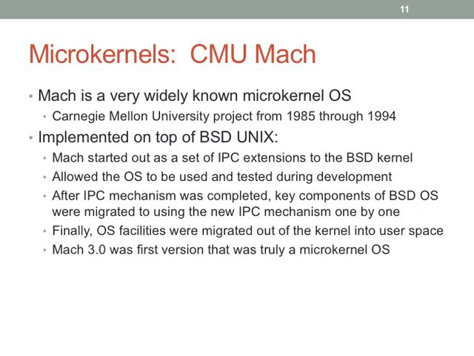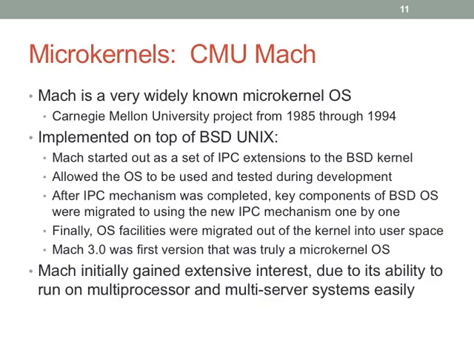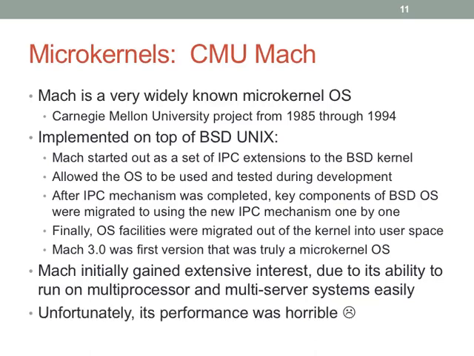So finally, with Mach 3, they got to a real microkernel OS. And so people got really excited about it, for all the reasons that I just told you. I can run this on a multi-core system easily. I can run it on a multi-computer system if I want to actually run it on a cluster of computers. But it was slow. It was terrible. Okay? And this was the sad thing about CMU Mach.